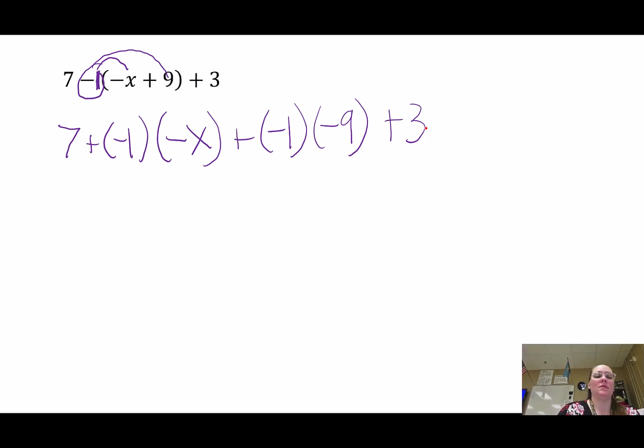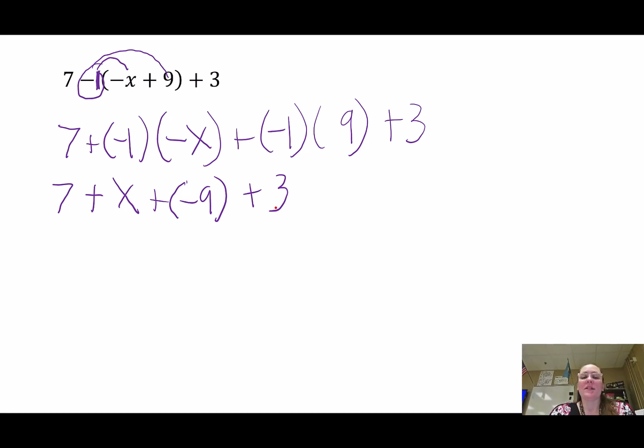So 7, not multiplying anything, -1 times -x gives me a positive x. -1 times 9 is a -9. Miswrote there, apologize guys. So -1 times 9 is a -9 plus 3.